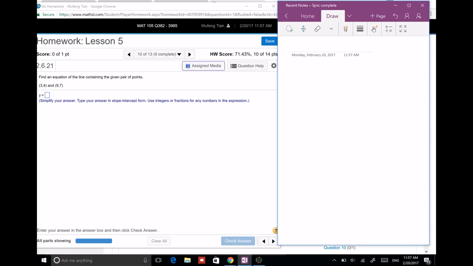Okay. Find the equation given the pair of points. So here, if we use the point slope formula, y minus y0 equals m times x minus x0, right? The point can be either one of the points. For example, 3 and 4 could be the point. This is x0, this is y0. And the only thing we don't know is m.